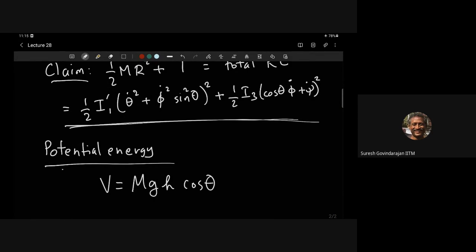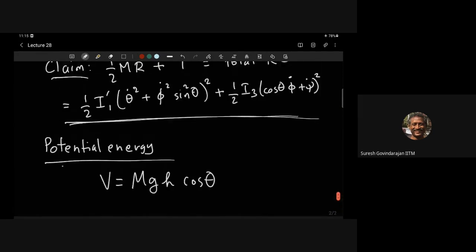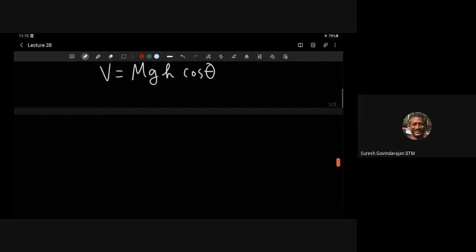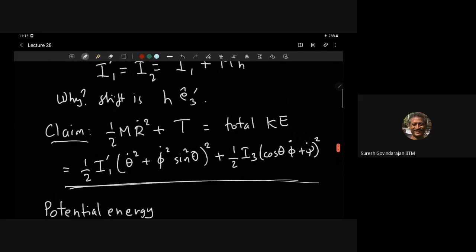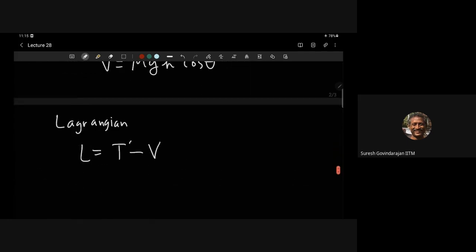The remark is that the Lagrangian L equals T prime minus V. I'll call this T prime so that I don't mess up.